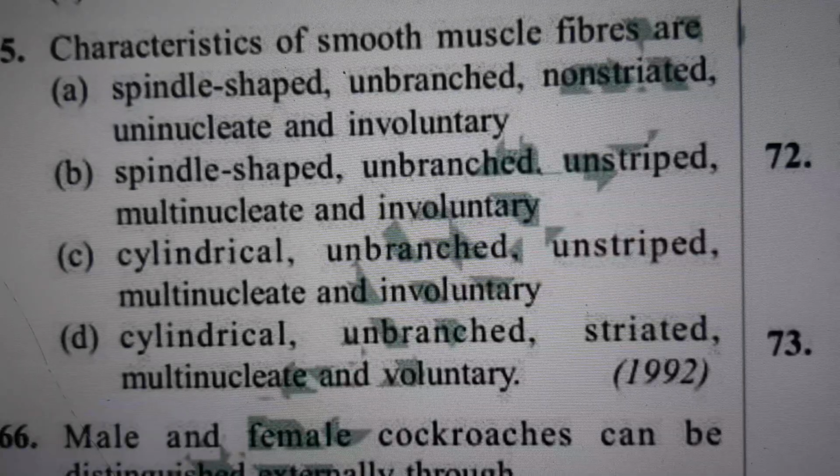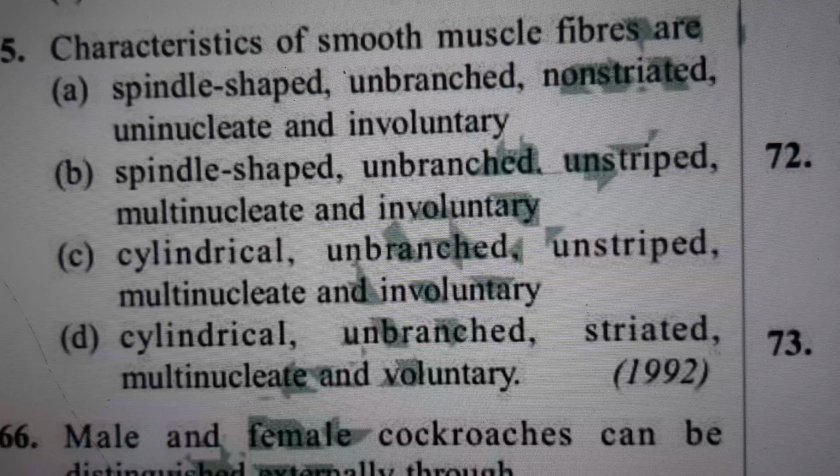Next we have, characteristics of smooth muscle fibers are A. Spindle shaped, unbranched, non striated, uninucleated, and involuntary. B. Spindle shaped, unbranched, unstriped, multinucleated, and involuntary. C. Cylindrical, unbranched, unstriped, multinucleated, and involuntary.